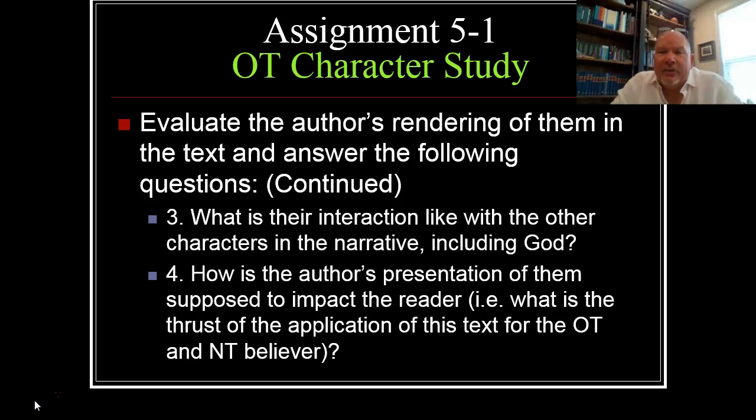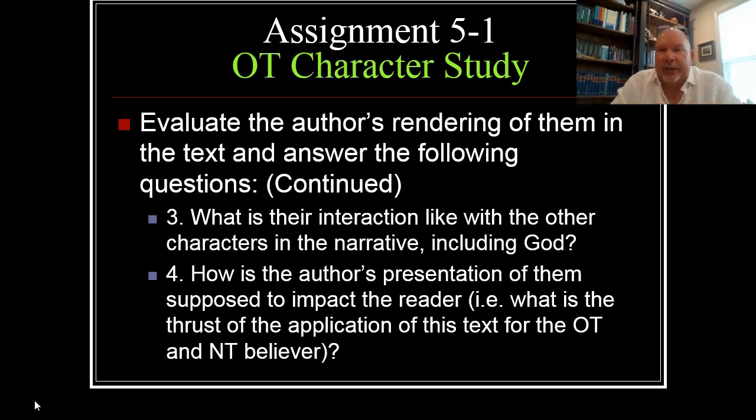3, what is their interaction like with other characters in the narrative, including God? So you're looking at how does this character help with the flow of the plot? And then specifically through dialogue, through the narrator, and through other mechanisms, how does this character play an integral role in interacting with other characters?